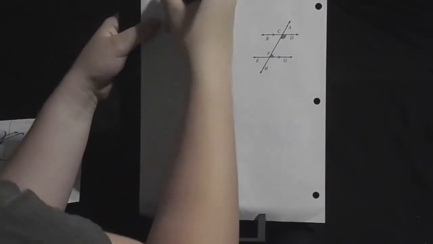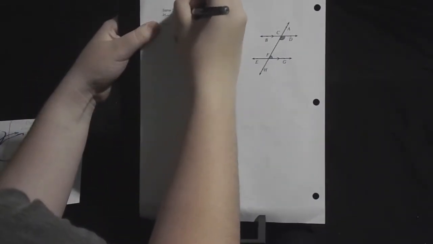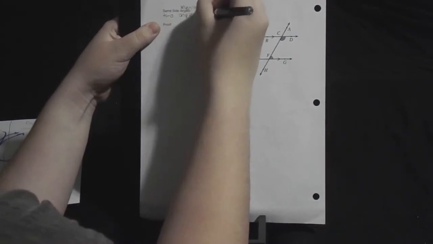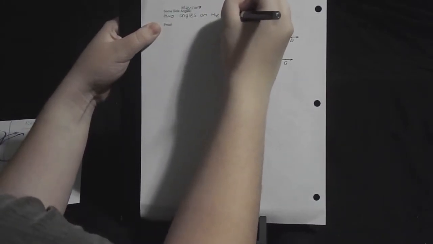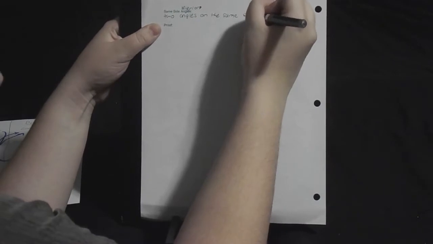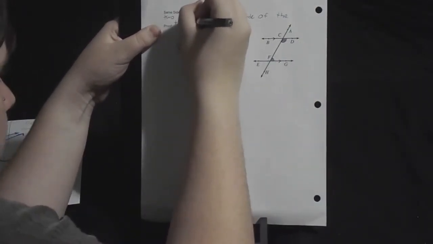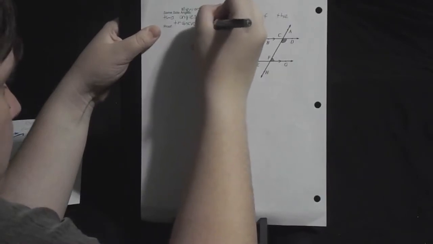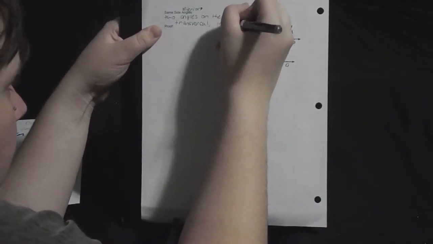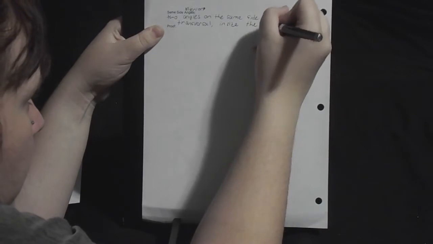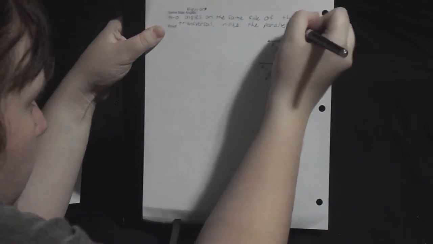So same side interior angles are two angles on the same side of the transversal inside the parallel lines, okay?